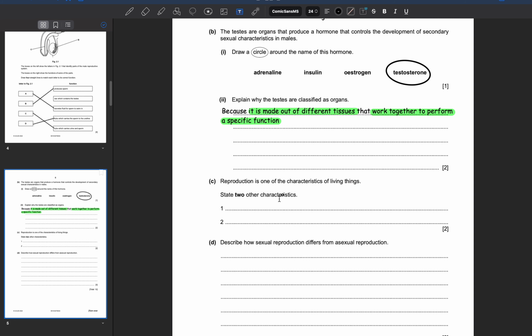Reproduction is one of the characteristics of living things. State 2 other characteristics. We know that the characteristics are the 7 life processes.